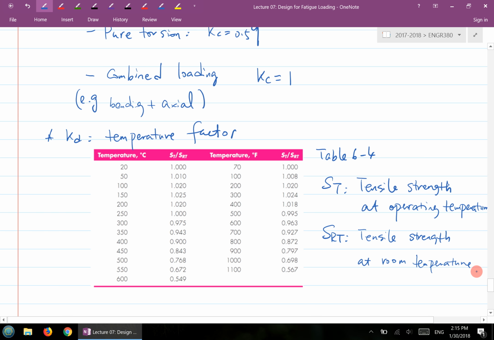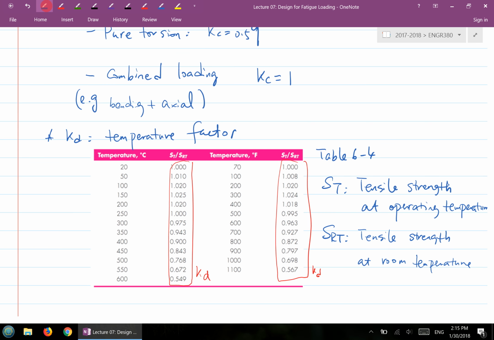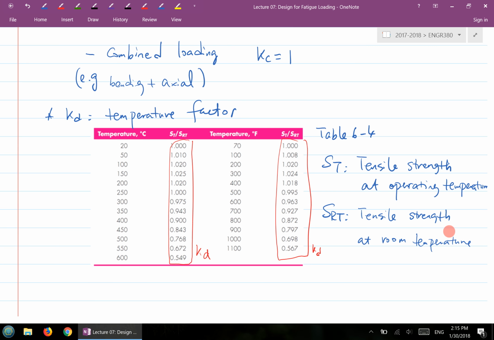So your Kd is basically these values here. Okay, this is your Kd's here. So if given the temperature here, it's just your Kd over there. Sometimes you probably are not exactly given, let's say 150 or 200. You're probably given as 180, for example, right? Yeah.